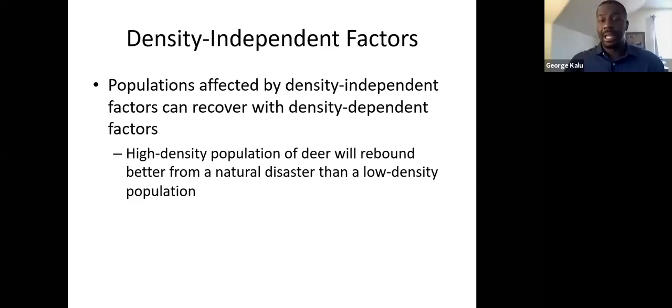With a high density population, it's easier because with more individuals, you're going to have more survivors, and with more survivors, you can get the number back up to the original level. It helps your population size recover a lot better. All right, so that's that.